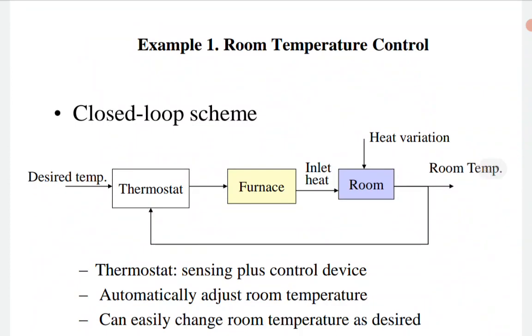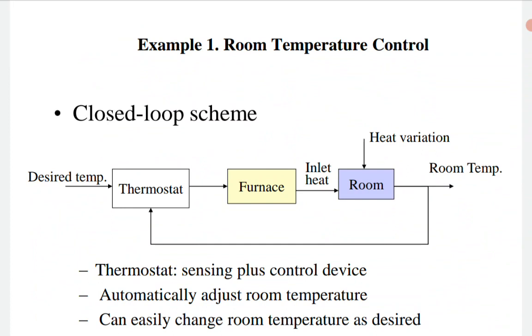When I use room temperature control in the sense of a closed loop scheme, see here I can use the thermostat. Here I am utilizing a unity feedback system. Here the desired temperature is set on the thermostat, depending on what temperature I wish to generate, and that output flows through the furnace where the inlet heat is generated and the room is heated.